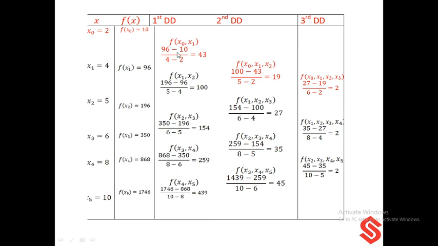So in such cases, it is better to write the notation, that is, the divided difference and the value, and write the simplification separately. So first you get the divided differences, and then directly you can enter the values with notation, like f of x naught comma x1 is equal to 43, f of x1 comma x2 is equal to 100, etc.